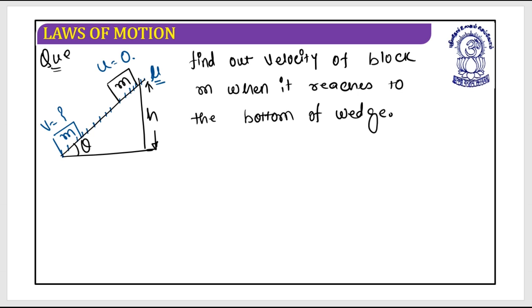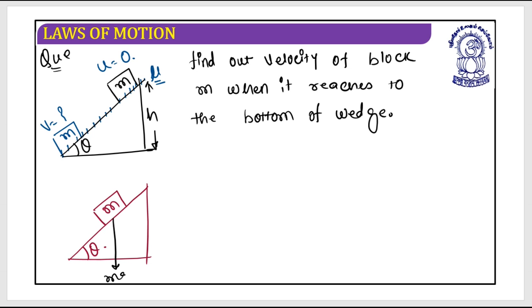So what can I do? For this situation, let's suppose this is the wedge, this is angle theta, and a block is somewhere here. Let's draw all the forces that are acting on this system.